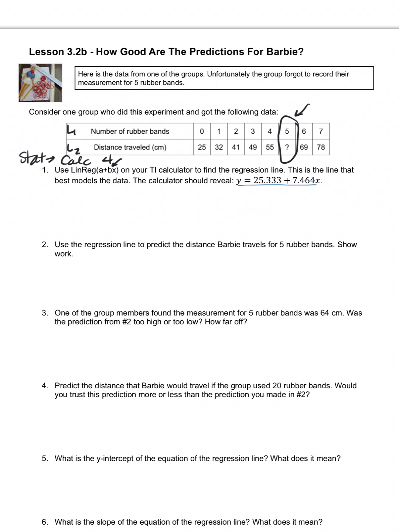So instead of y, we're going to say distance traveled, or distance fall, and I'm going to put a little hat on it. The predicted distance traveled is equal to 25.333 plus 7.464, and instead of x, I'm going to put in the context, which was number of rubber bands.